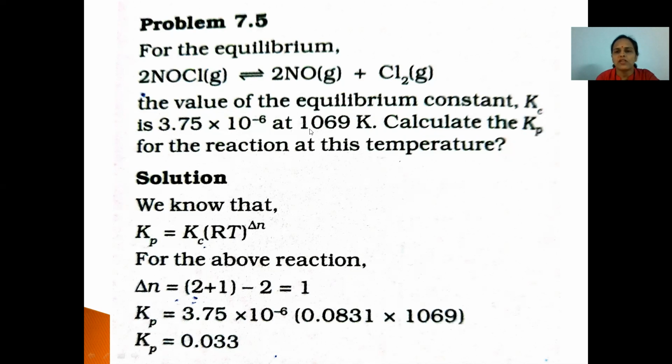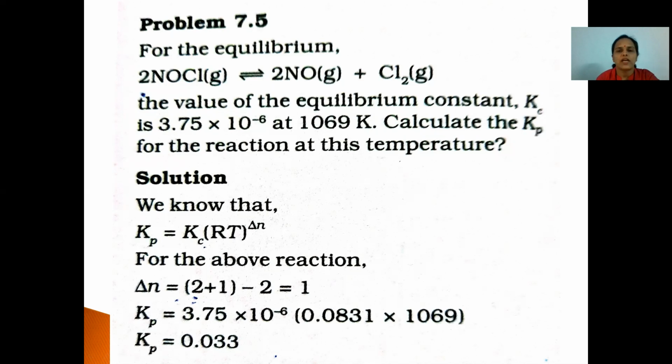So Kp is equal to Kc, given here as 3.75 into 10 raised to minus 6, into R value which we take here as 0.0831, into temperature 1069 Kelvin. On solving this, I get the value of Kp here as 0.033. That's how I'll be solving these problems.